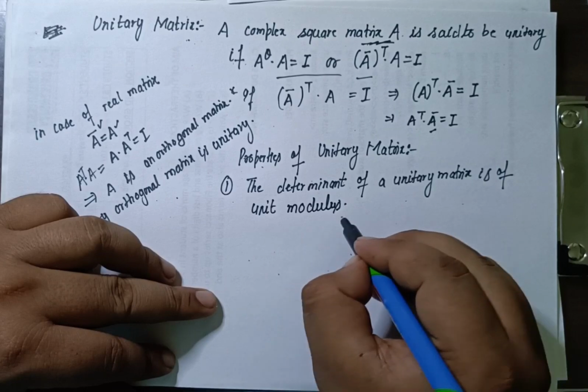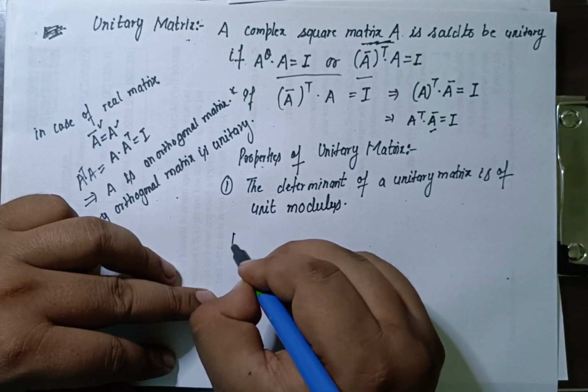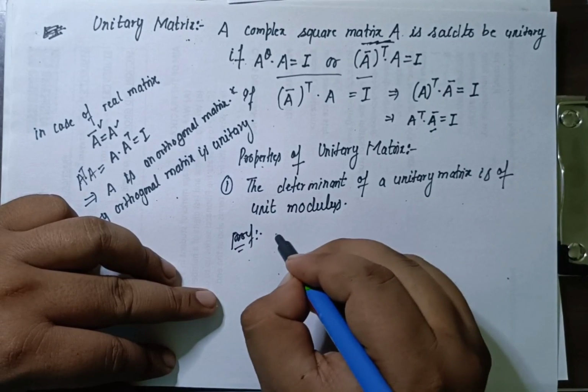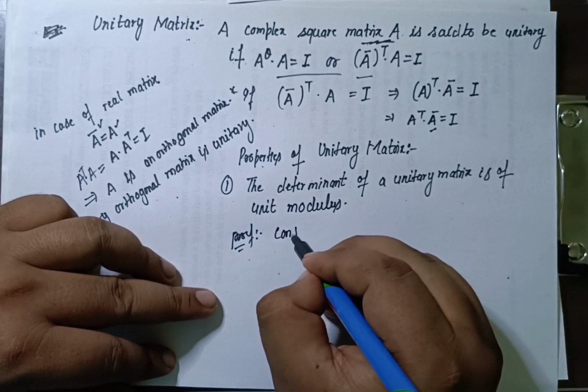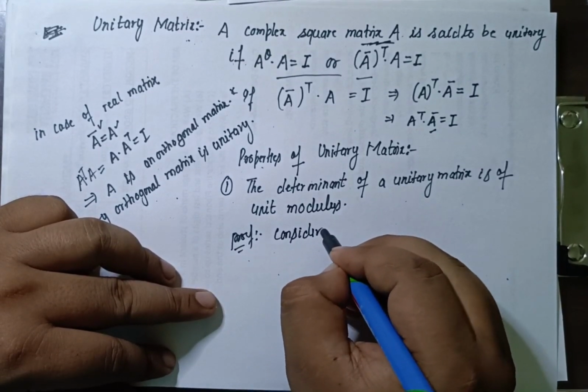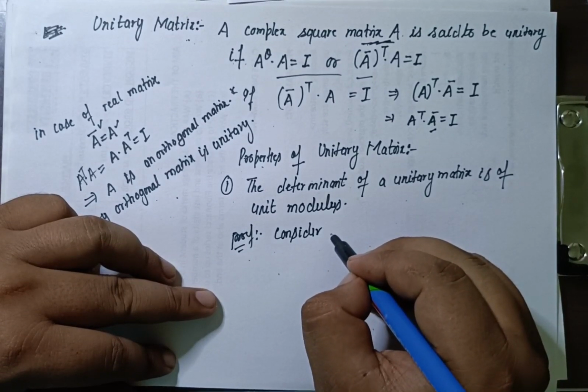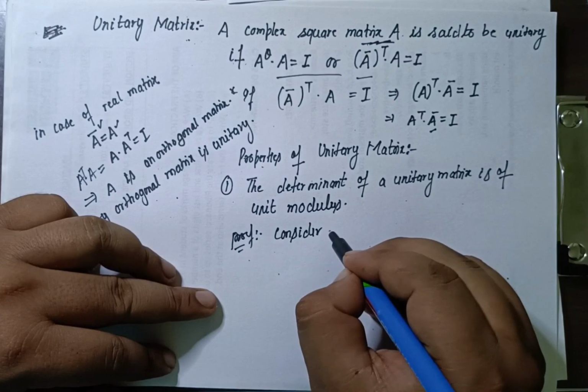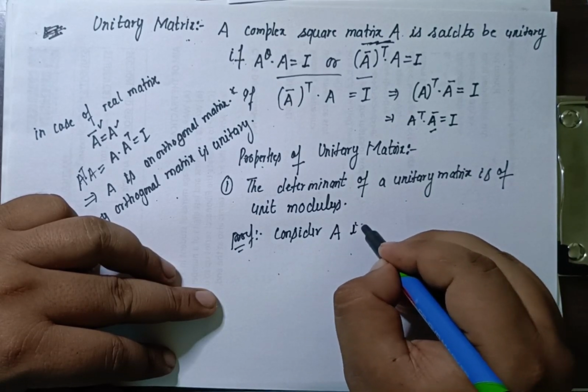Now for the proof, consider A is a unitary matrix. Sorry, we are not talking about the Hermitian here. Consider A is a unitary matrix.